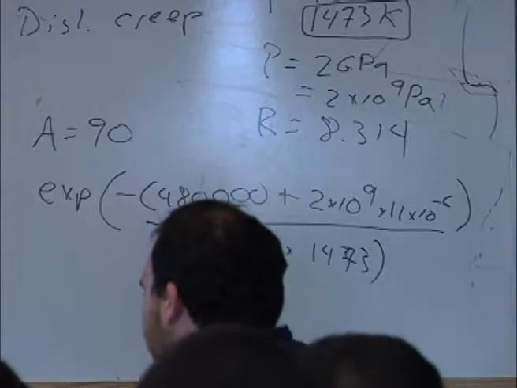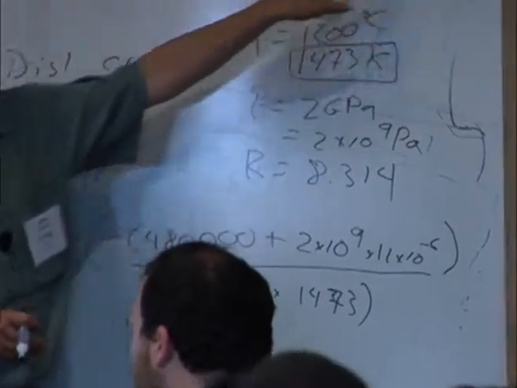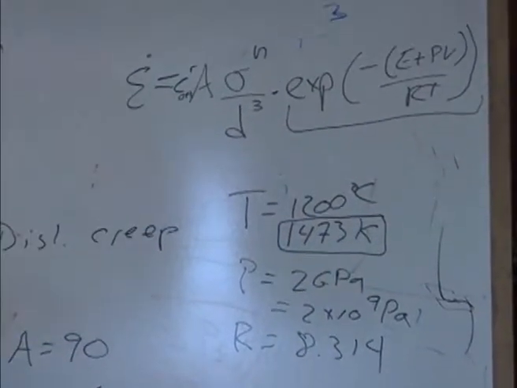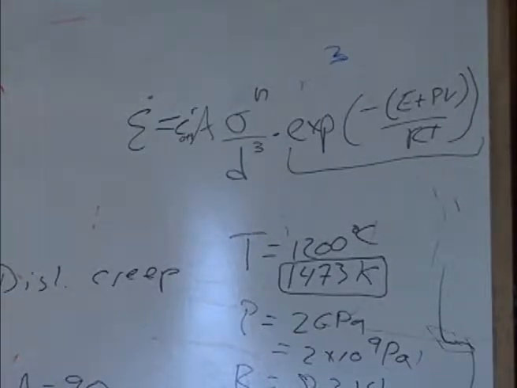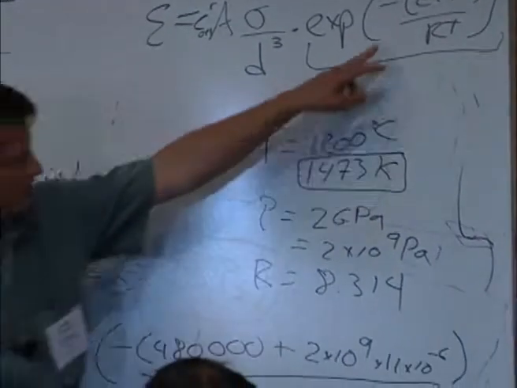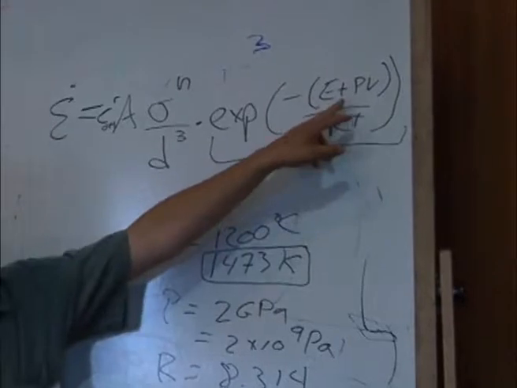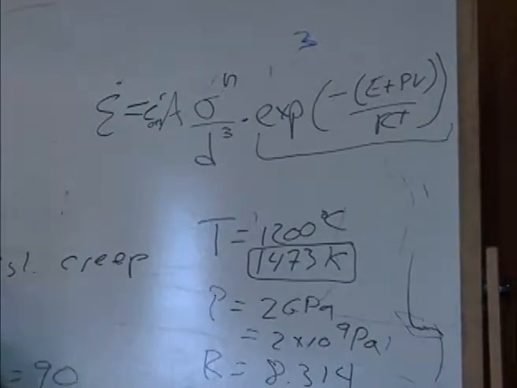So you should be able to set up something that says, I'm just plugging the numbers into this equation, right? It's not like I'm doing anything that fancy. Right. So this is R. This is T. E plus PV is the activation energy plus P times the activation volume.